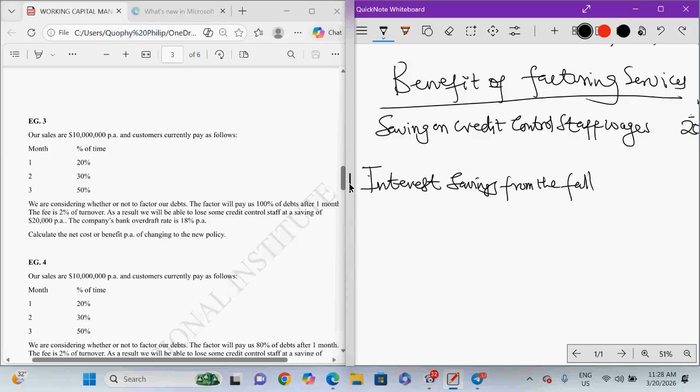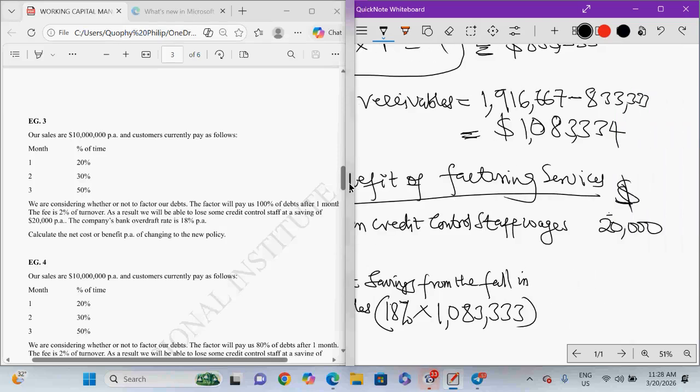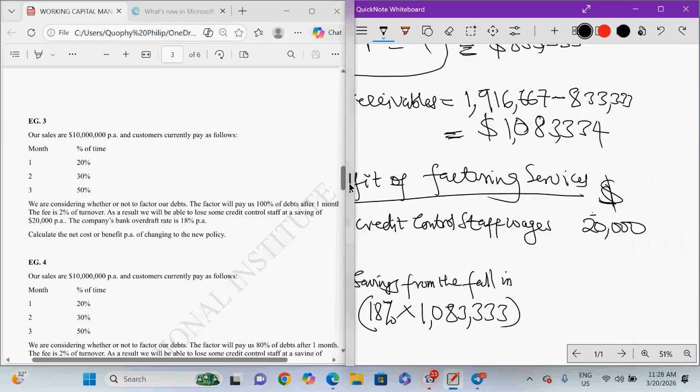We said the receivables fell. So what is the overdraft percentage? They give us 18% times the difference, the fall in receivables, which is 1,083,334.